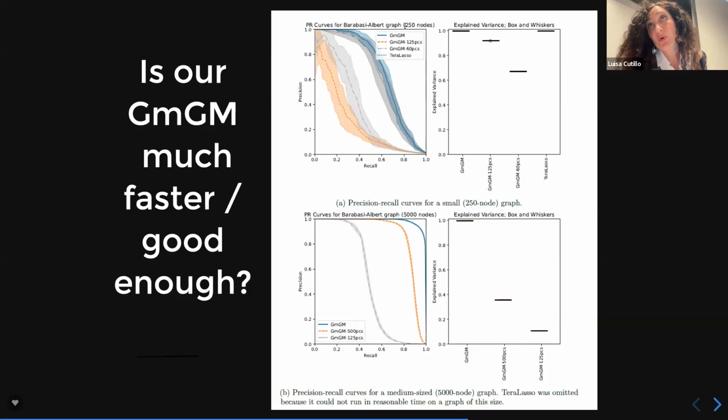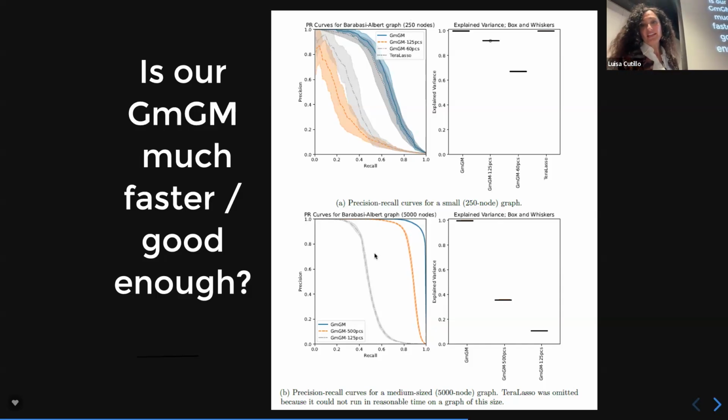But this is because this is a small data set. You really don't need to do that for a small data set. You can just run any of the previous methodologies. And we suggest GMGM, of course, but runtime is not a problem with that dimension.